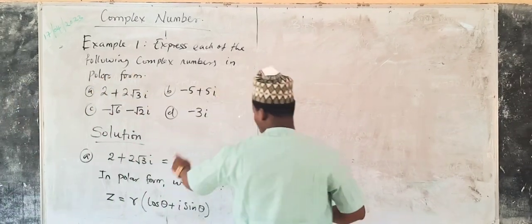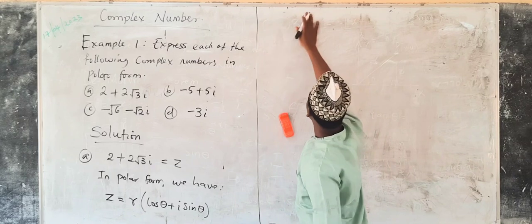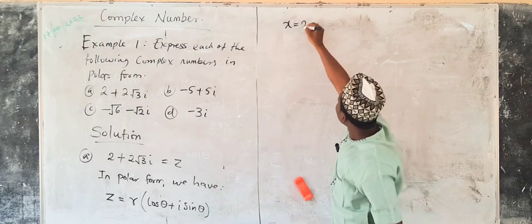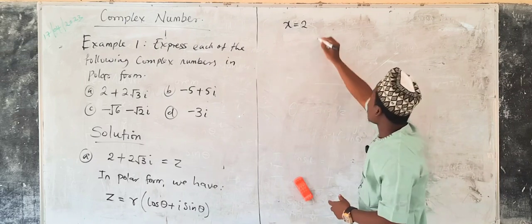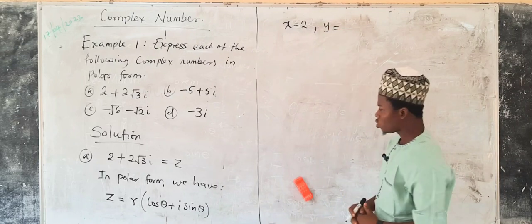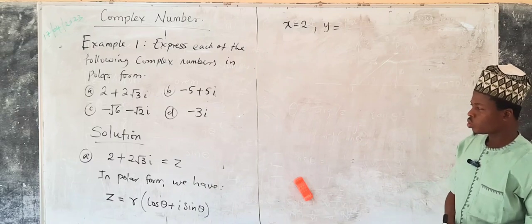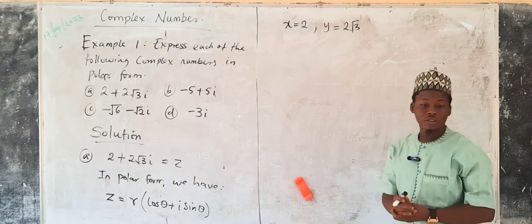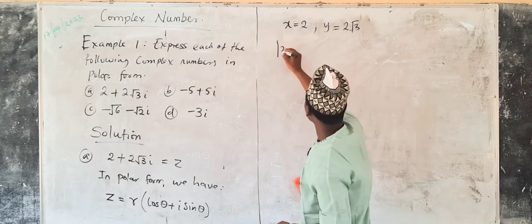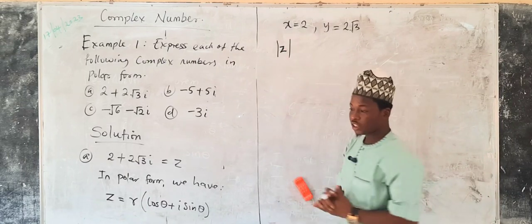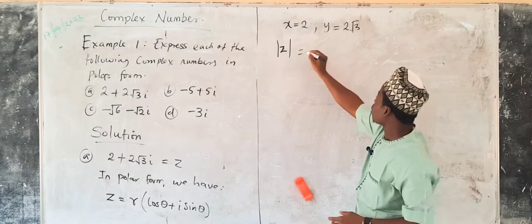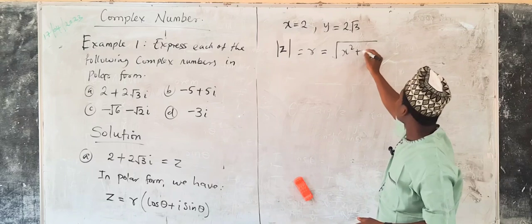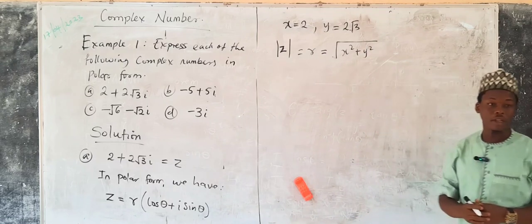Good. So considering this complex number, our x is 2, then our y is 2 root 3. The y is just the coefficient of i. So now the modulus of the complex number z is equal to r, which is the same thing as the square root of x squared plus y squared.